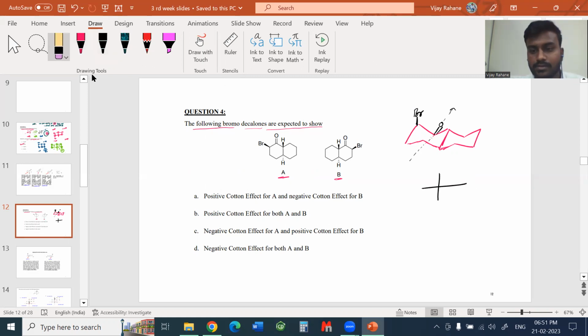So here we'll give numbering just for simplicity. The numbering will be, suppose, here 1, 2, 3, 4, 5, 6, and 10. And if you draw the carbon at the center, right, number 1 will be here. We'll keep some space.